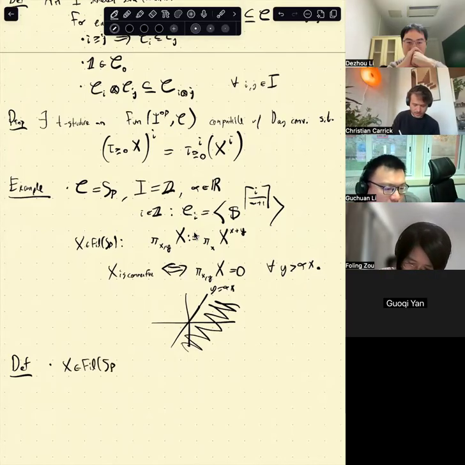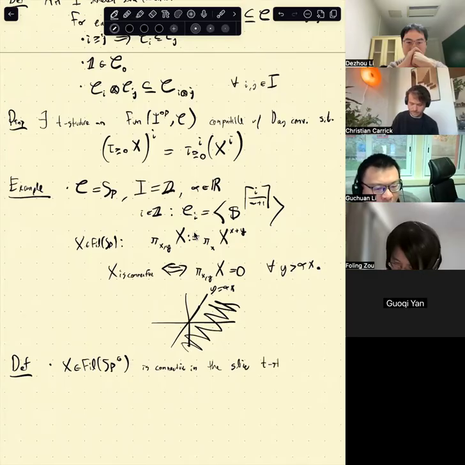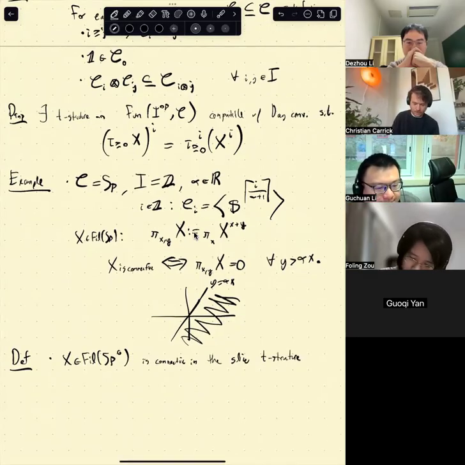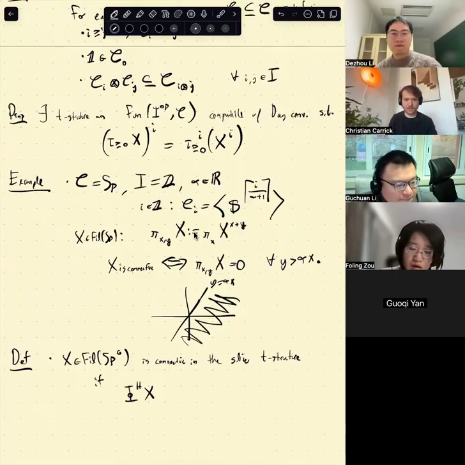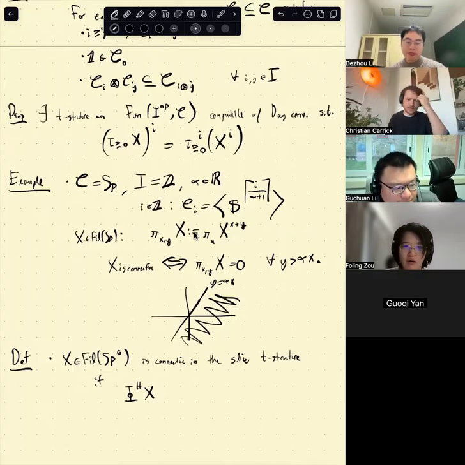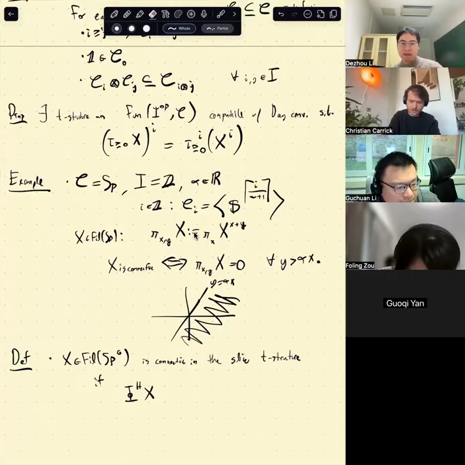So I want to say that a filtered G spectrum is connective in the slice T structure if, for any subgroup H, I can take the geometric fixed points of this filtered G spectrum pointwise, and that gives me a filtered spectrum.